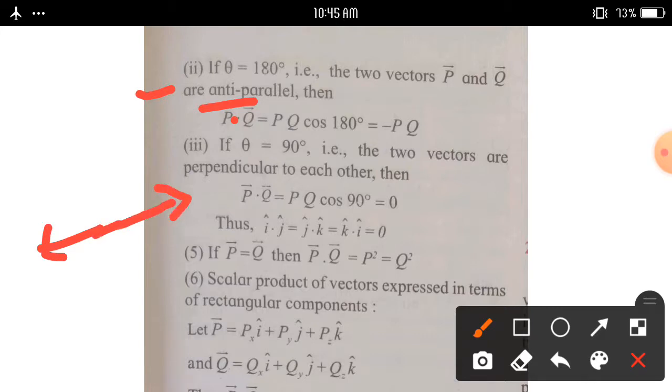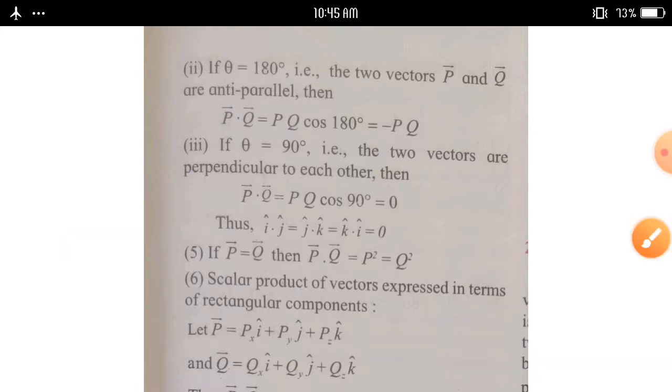The angle between these two vectors is 180 degrees. Then, since the two vectors are antiparallel, p bar dot q bar is equal to pq cos 180. Cos 180 is equal to minus 1. Then we can write minus 1 into pq, which gives minus pq.